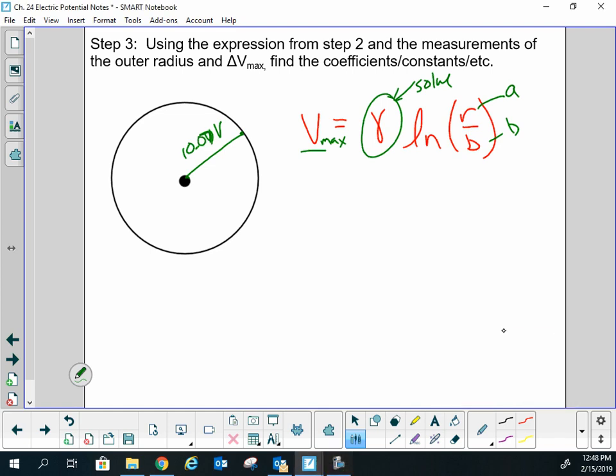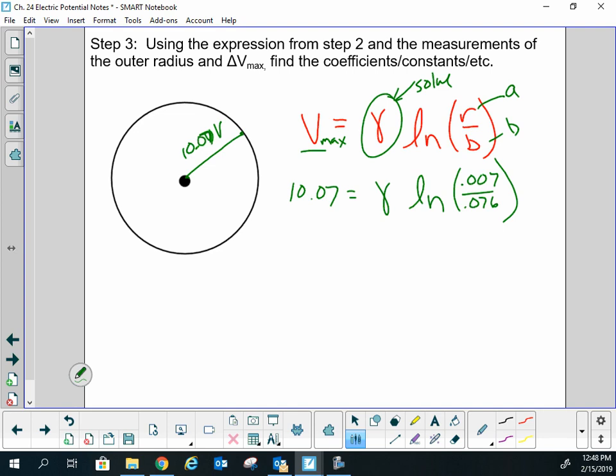Okay, so that letter's gamma. I just figured that out. Sorry for that. So we're going to sub in. We'll do 10.07 is equal to gamma, our constant, times the natural log, and then we'll just put in our values. Our R is our value for A, 0.007 over 0.076.